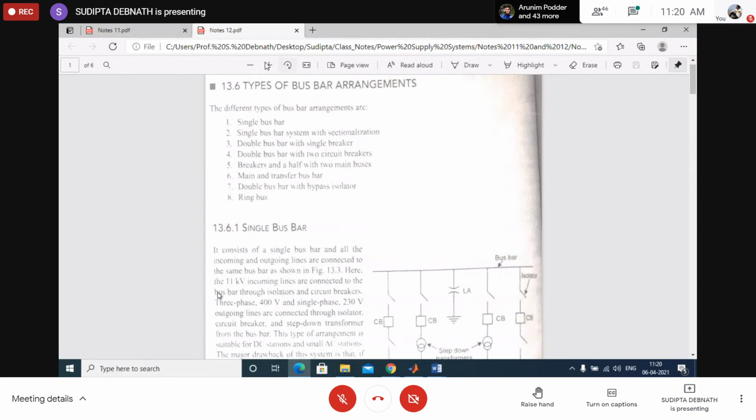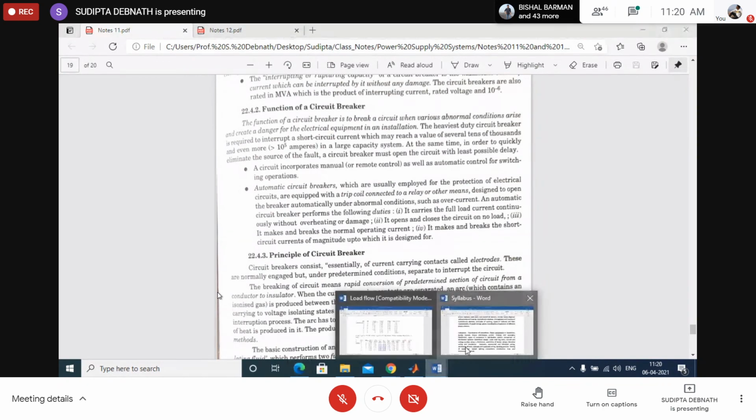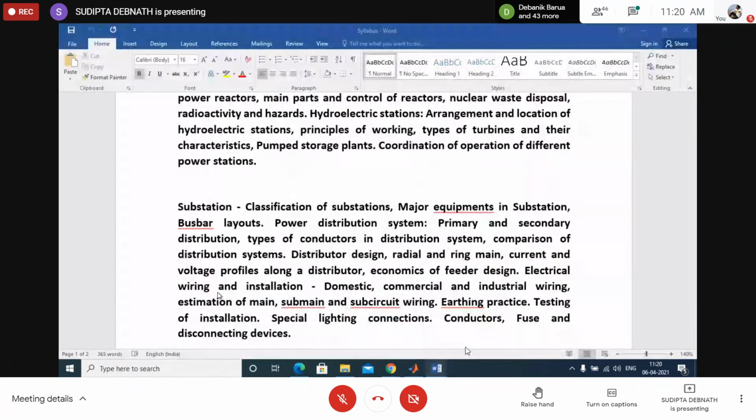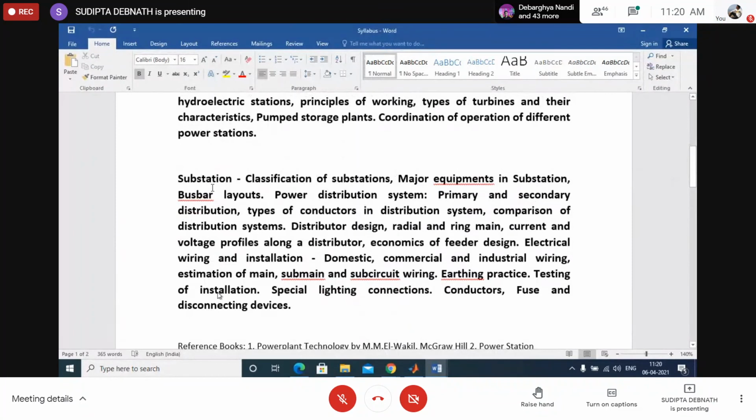So today up to this, you need to study because there are no problems. From this part, what you have studied is substation, classification of substations, major equipment in substations, bus bar layouts, and fuse and disconnecting devices.